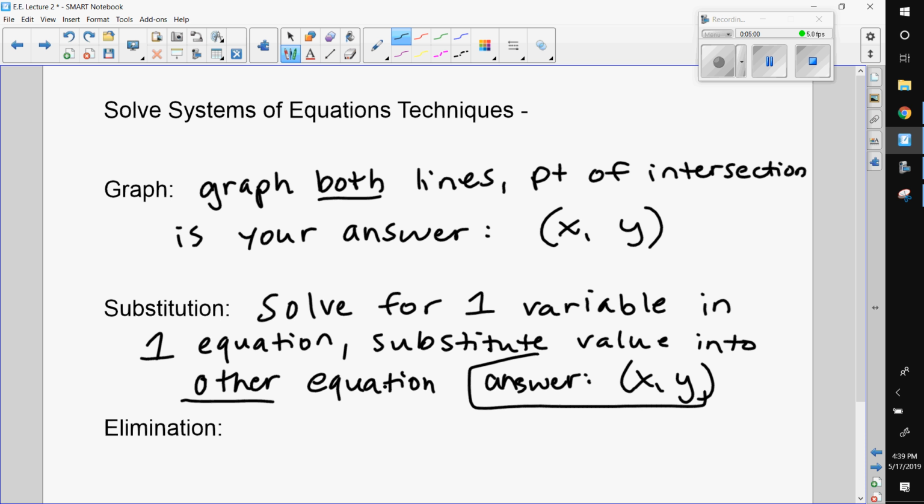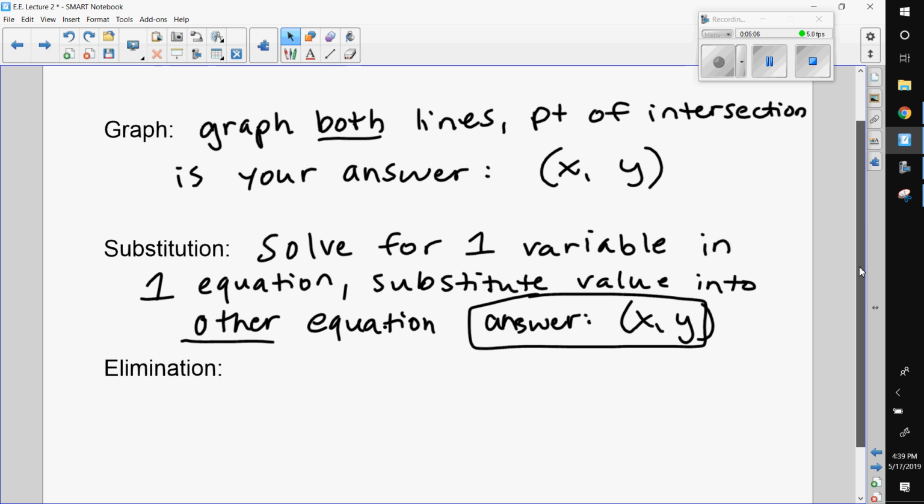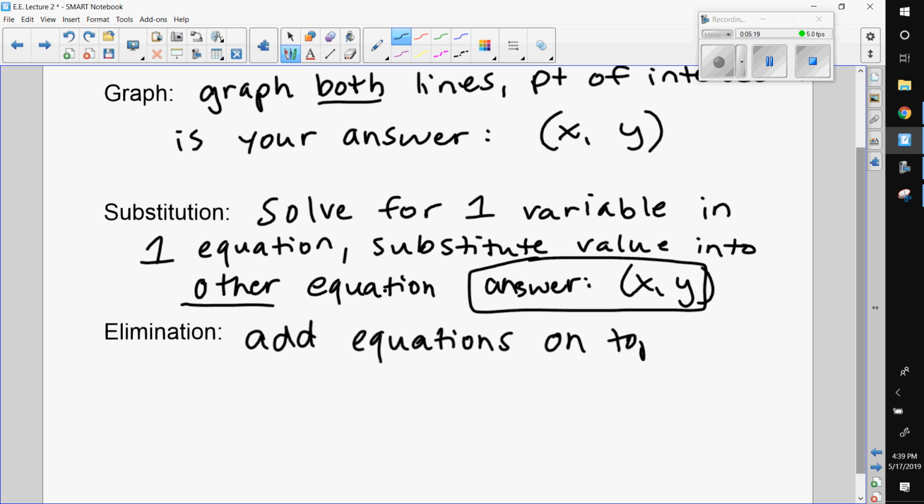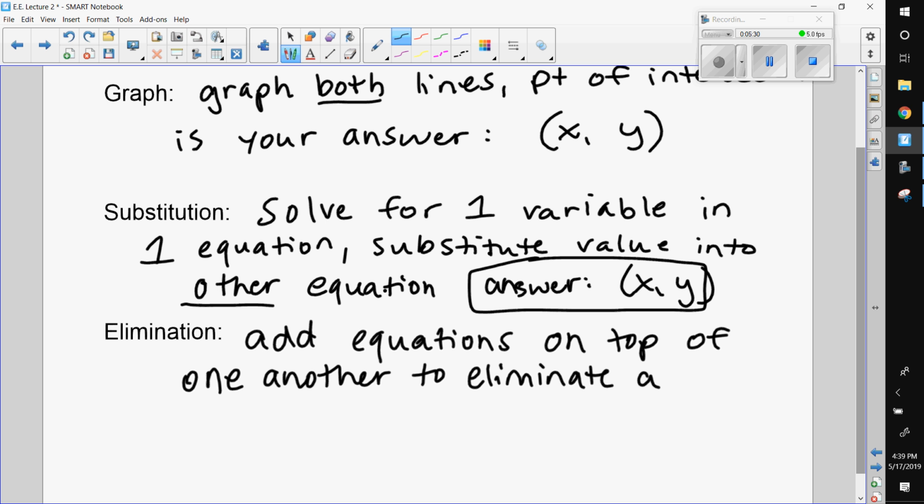So don't solve just one time and be done. You still need to get the other one and substitute it back in. And the last one, elimination, probably the one that you use least, is where you're going to add the equations on top of one another to eliminate a variable.